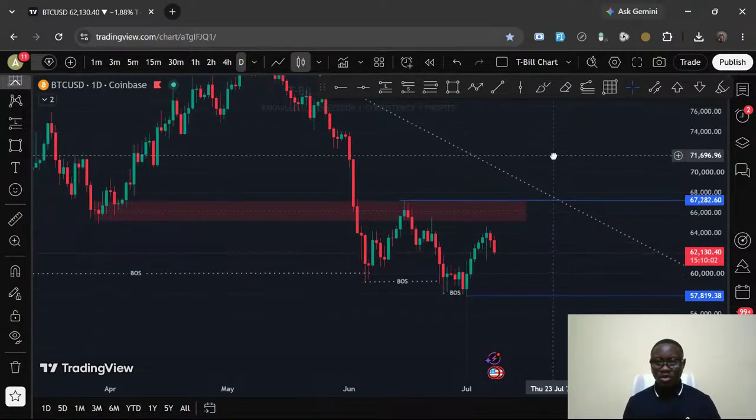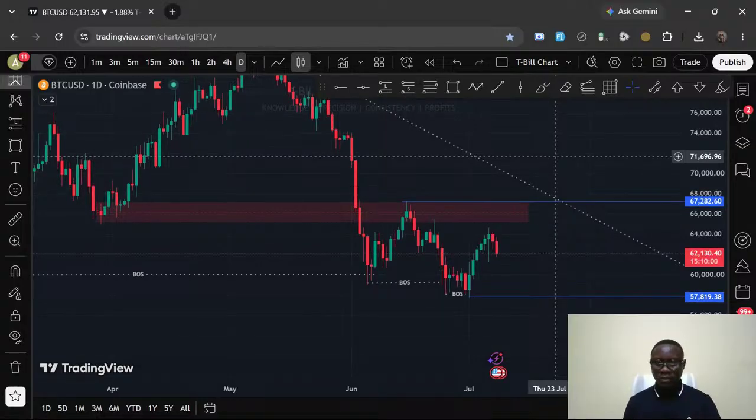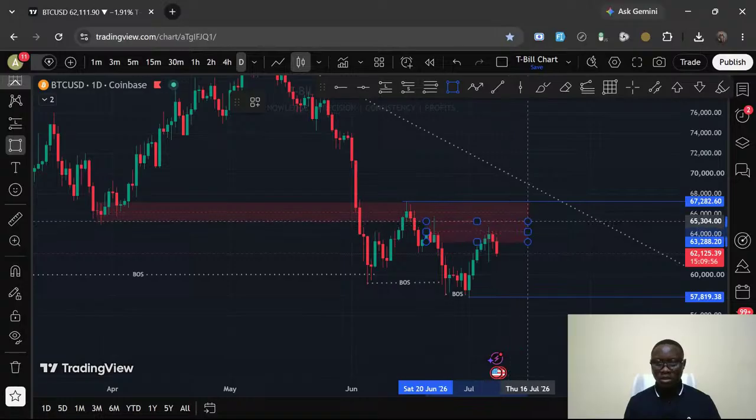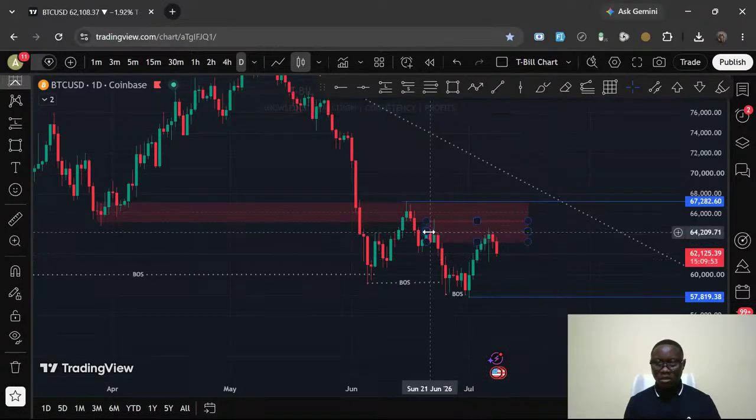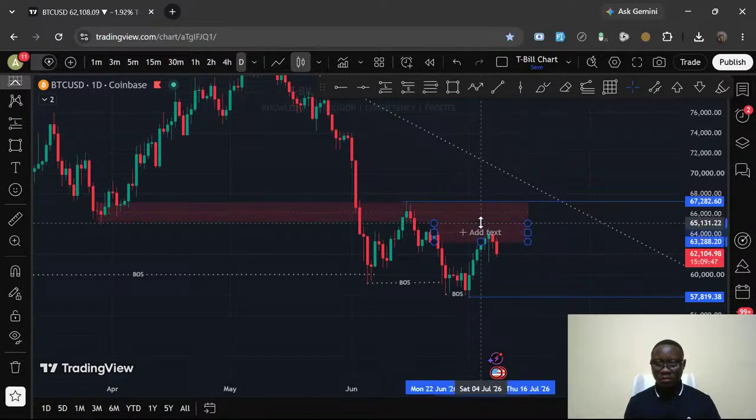Let's drill down. See, the price reacted at this zone right here instead of selling to the downside.